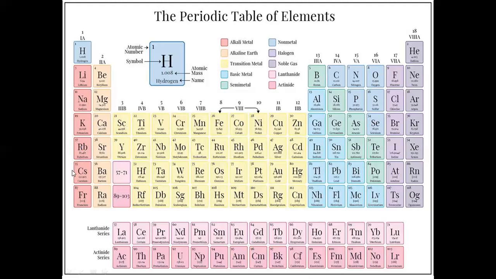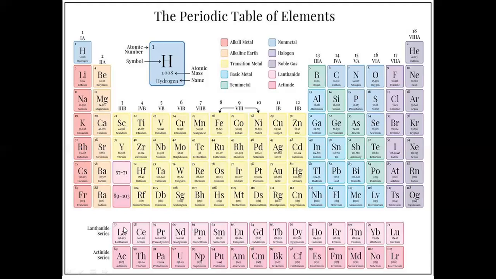This is 6 shells. This is the 6th period. Actually, what happens now? See, 57 to 71, they have written down here. So there are 32 elements in this period. Space is not there, so they have put it over here.